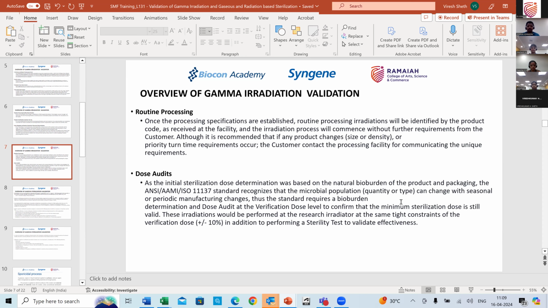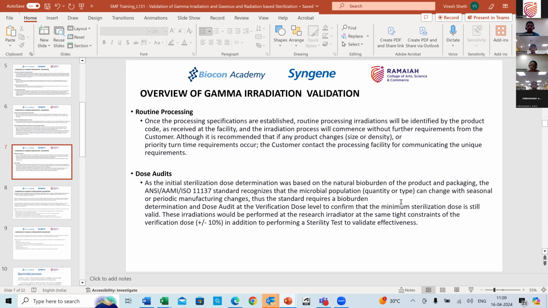Now, in such a situation where you do not have a biological indicator available, what you need to do is a routine dose audit by checking the natural bioburden which is present in the product at the time that you are doing this audit.